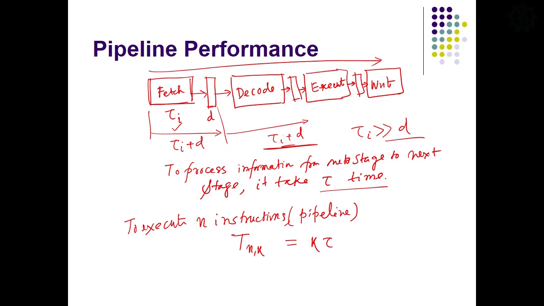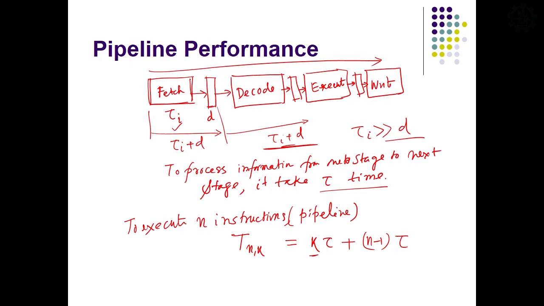Each stage takes tau unit time, and the number of stages is k. Therefore, the first instruction will take k into tau, and then how many instructions are left, that is n minus 1, into tau.